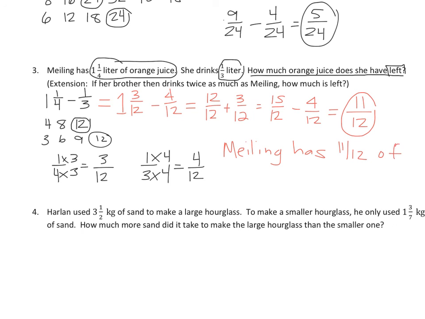And the reason why it's of a liter is because 11/12 is smaller than 1 whole of orange juice left. Finish that with an ending punctuation mark. And here is our sentence.